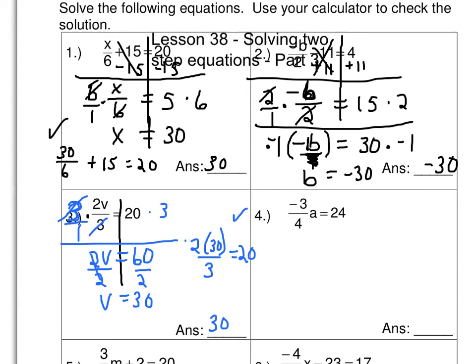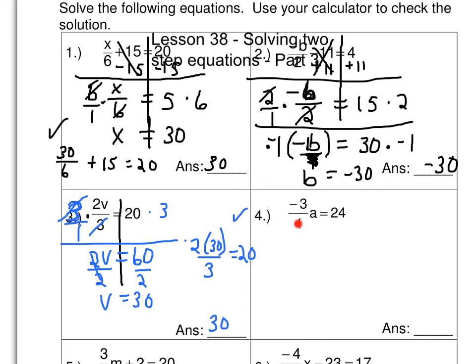Let's try this again. Now notice I have negative 3 divided by 4 times A equals 24. Now this one's written a little bit differently because it's writing this as a fraction and that's A. So in this one, I'm really just multiplying by negative 3/4.